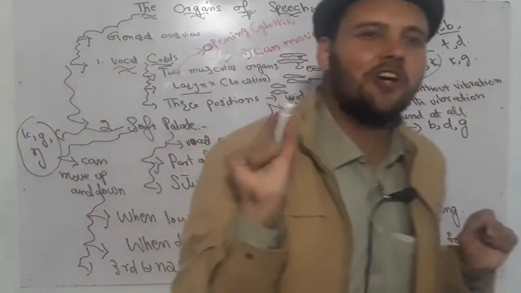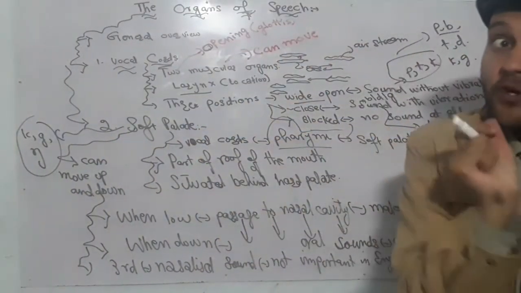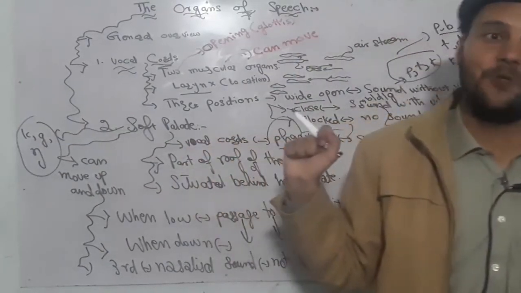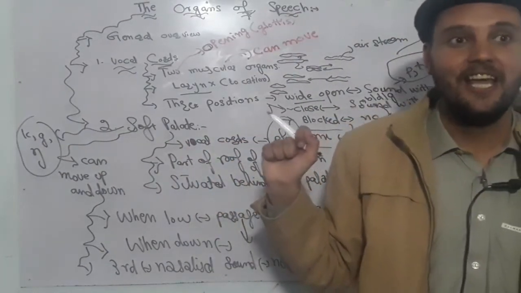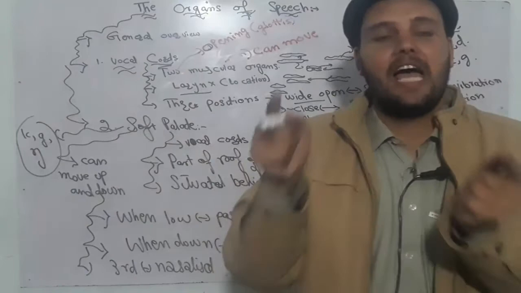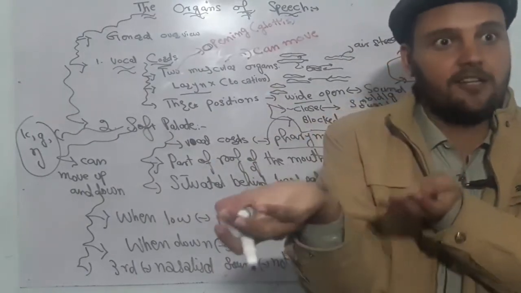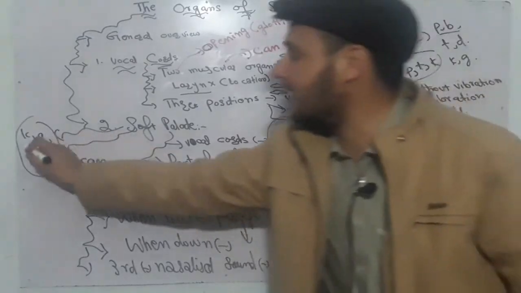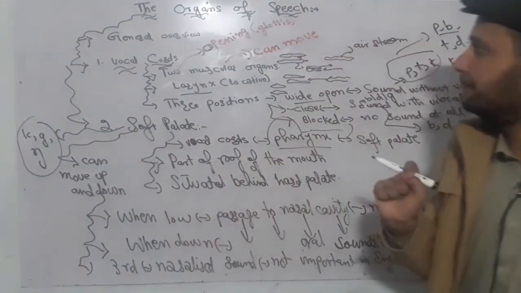If you don't use the soft palate, you cannot utter these three sounds. You have to use your talu. We call it talu in Pashto. You have to use your talu if you want to say ka, ga, and ing.